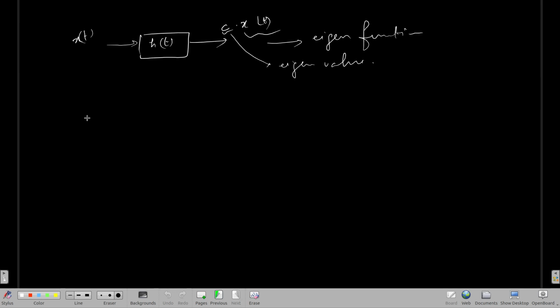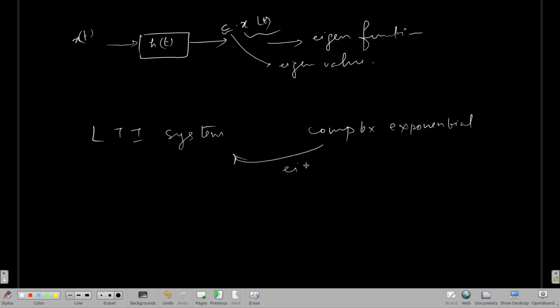Which type of system is that? The LTI system, right? So basically, I was trying to establish that the complex exponential is an eigenfunction for LTI systems.